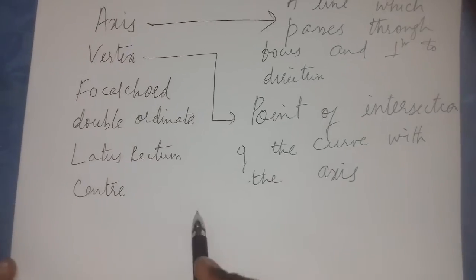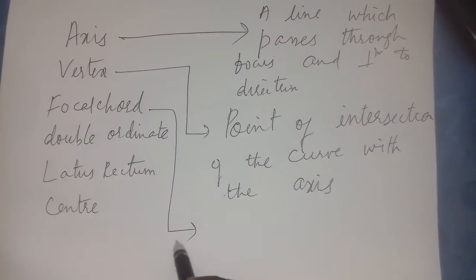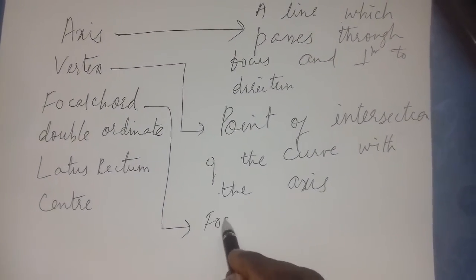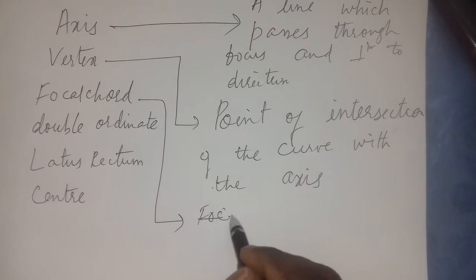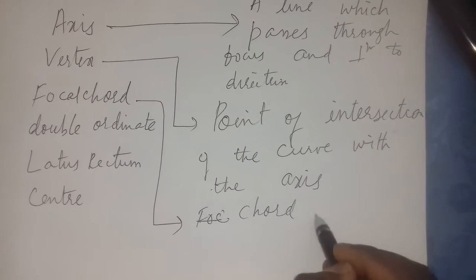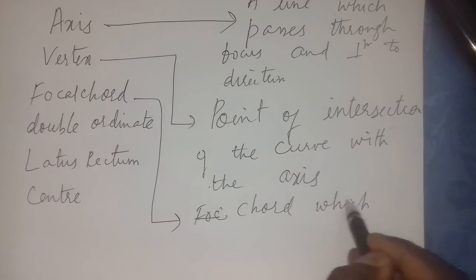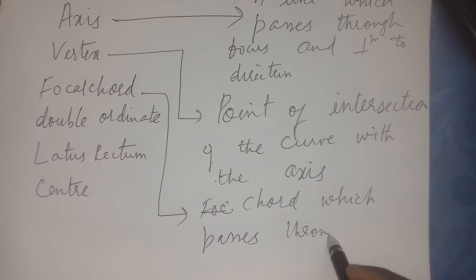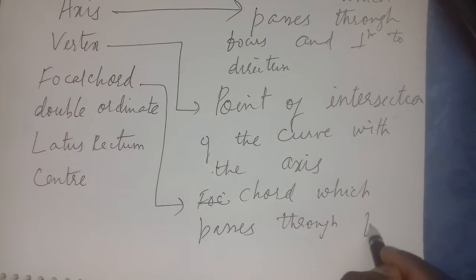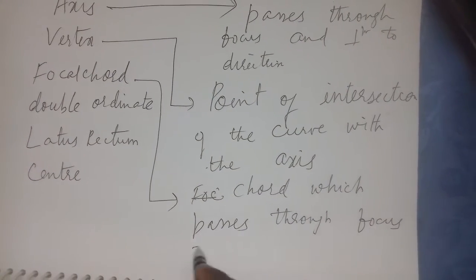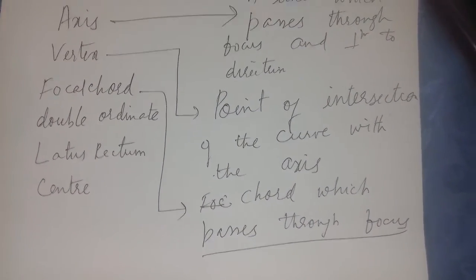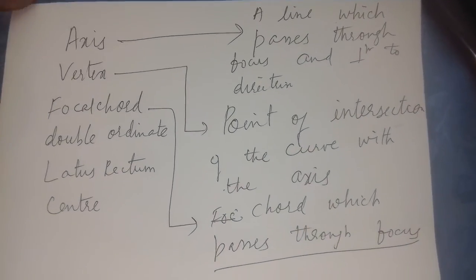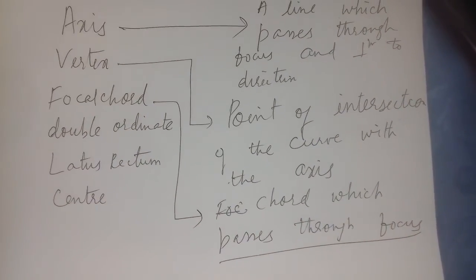And focal chord is a chord which passes through the focus, right? So let us look first at the diagram and then we'll define double ordinate, latus rectum and center as well.